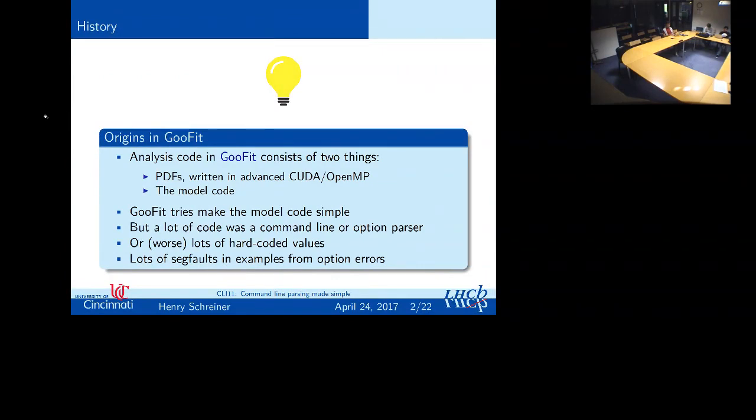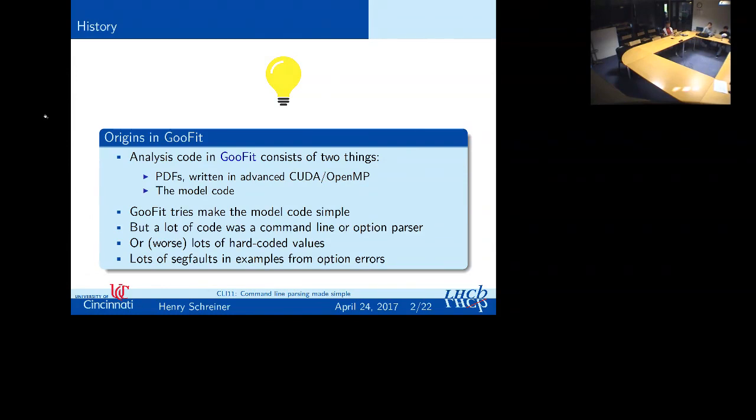So the origin of this library is that a lot of the analysis code in GooFit consists mostly of two things. You either have a PDF, which you have to write in the GooFit form in sort of a CUDA OpenMP mix, and model code. GooFit really tries to make the model code as simple as possible, giving it a RooFit-like look and behavior.